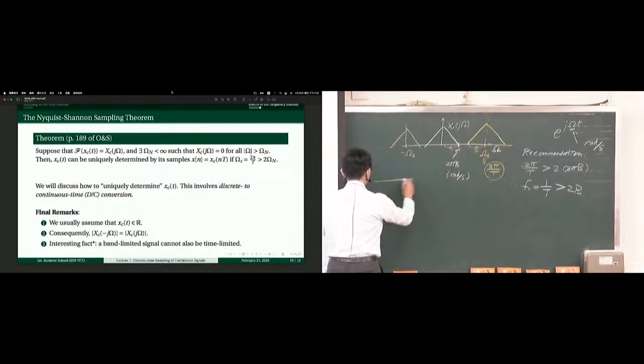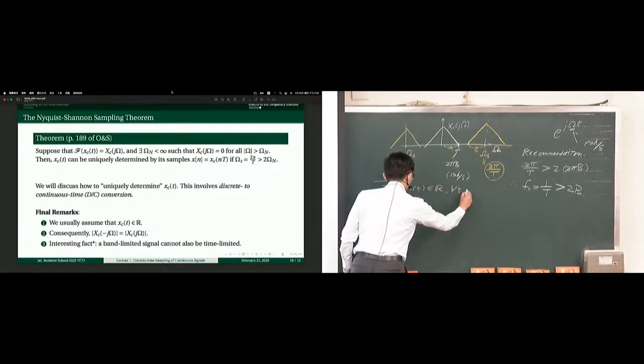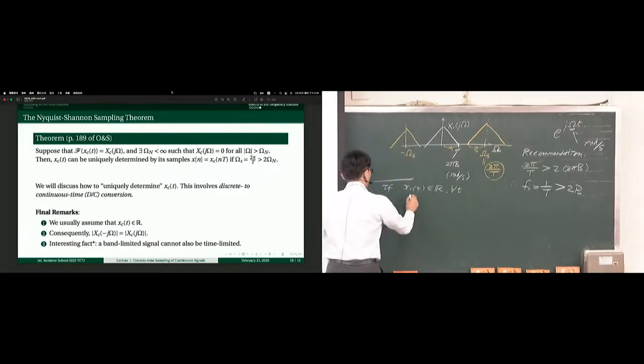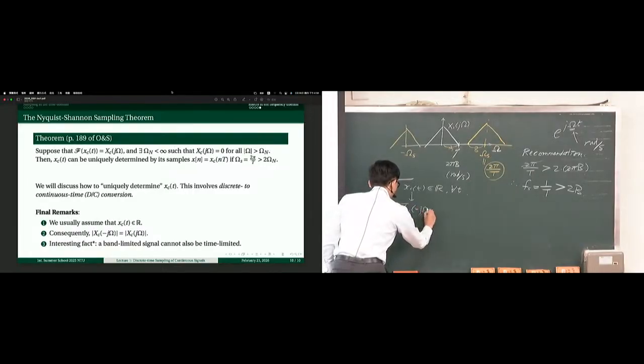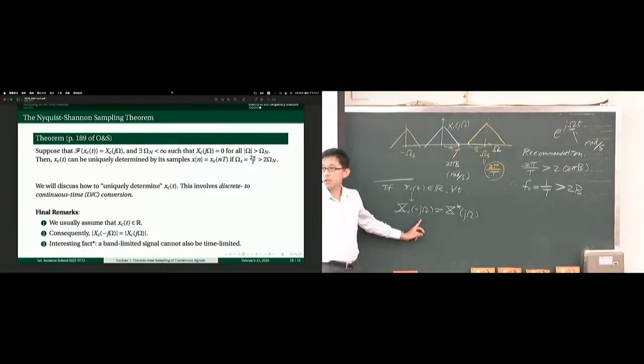Turns out that if the signal is real, then when you take the Fourier transform, the spectrum evaluated at the negative frequency should be, if I remember correctly, the spectrum with complex conjugate. Okay, that's a symmetry.